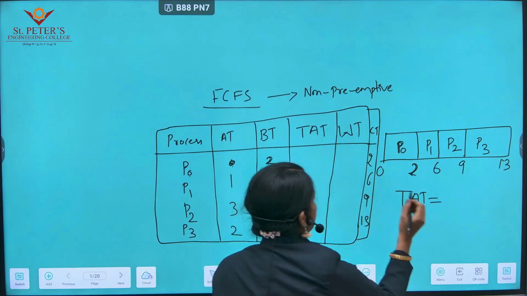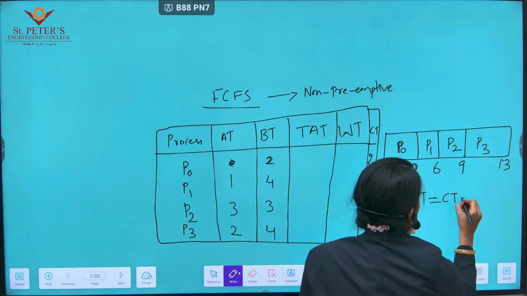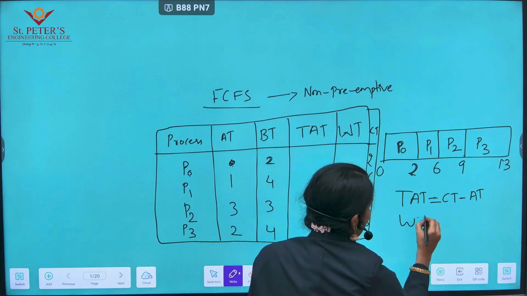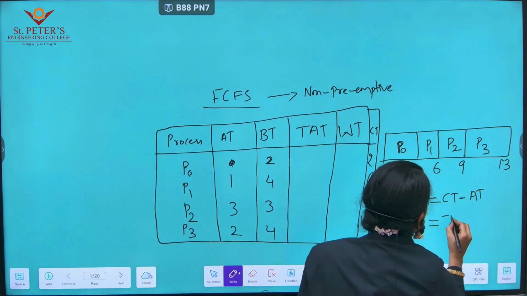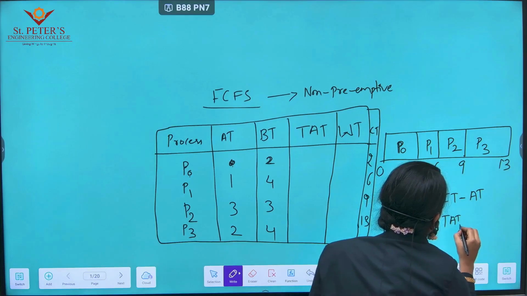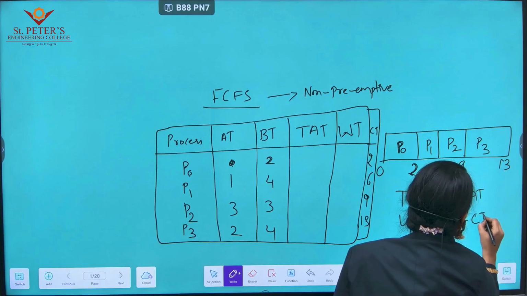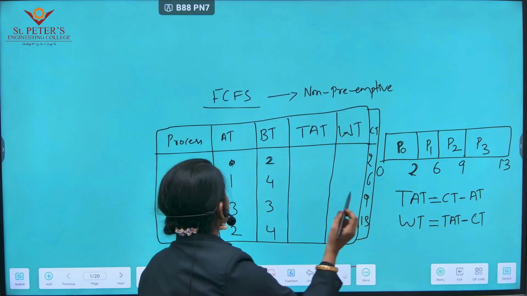by using completion time minus arrival time. Waiting time we have to find out by using the formula turnaround time minus burst time. So here CT, that is completion time.